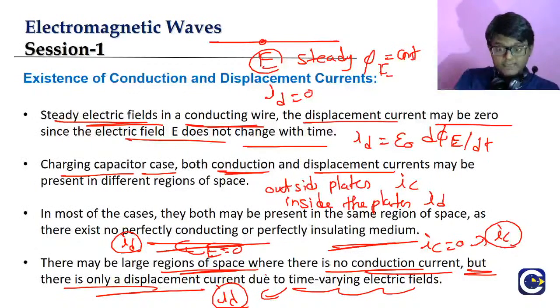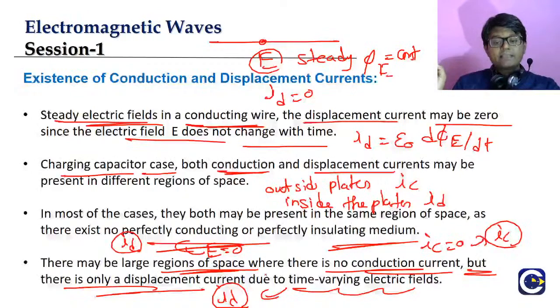Even through large parts of space where there is no medium or material nearby, we may still see a magnetic field getting produced. One of the reasons attributed is time varying electric fields. Time varying electric fields can produce a magnetic field.